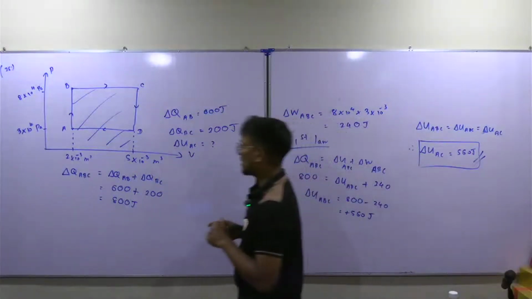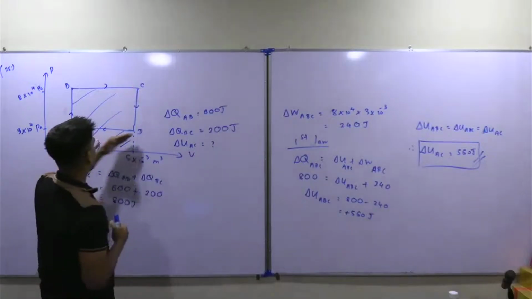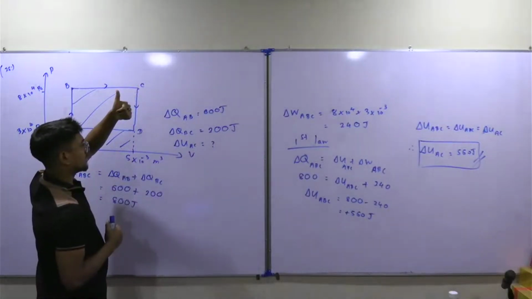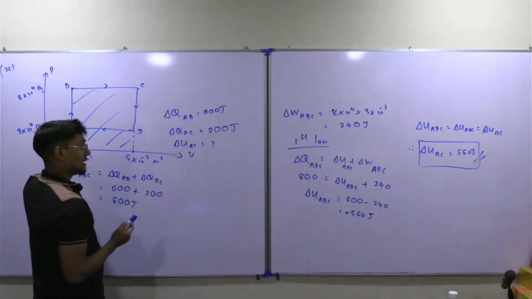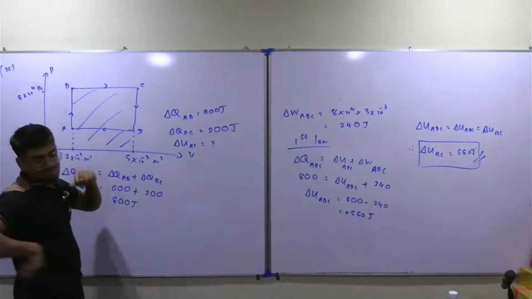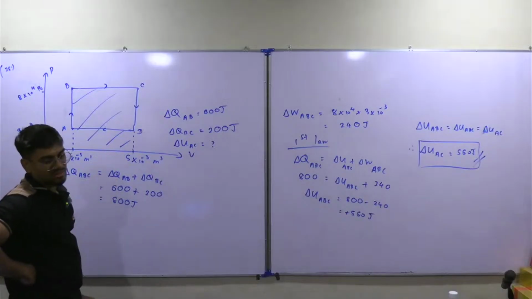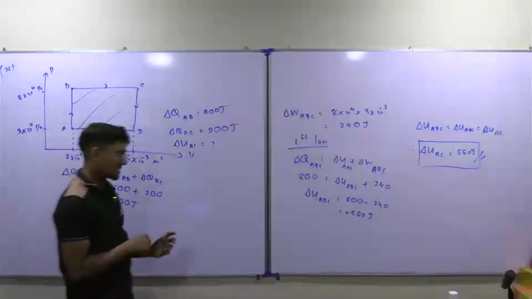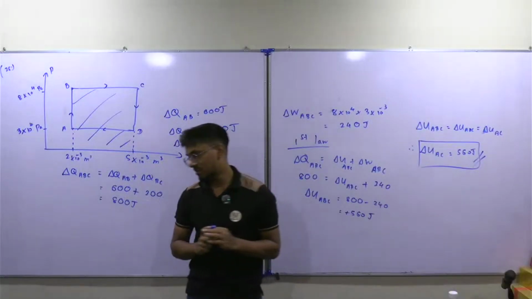But if you are traveling, let's say, from here to here in this path, the work done will be different. Why? The area will be different, so the work done will be different. So the heat added will also be different, but the change in internal energy will be the same. So you can say delta Q and delta W are path functions.